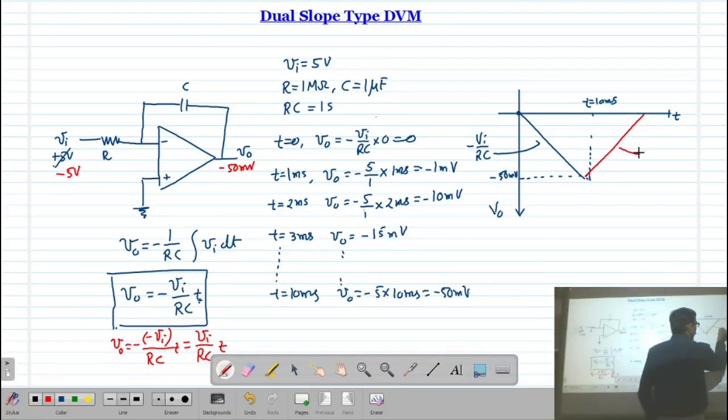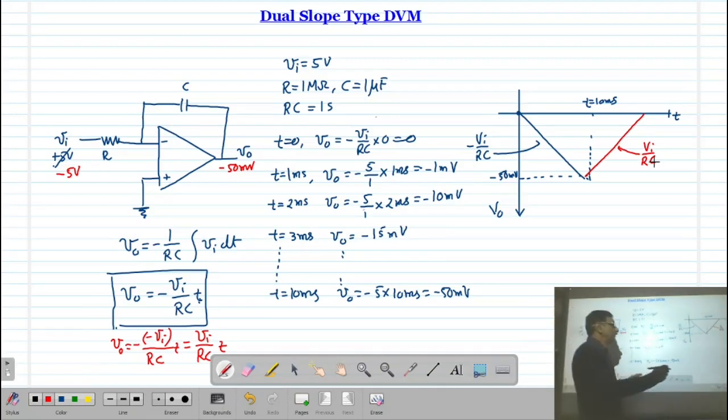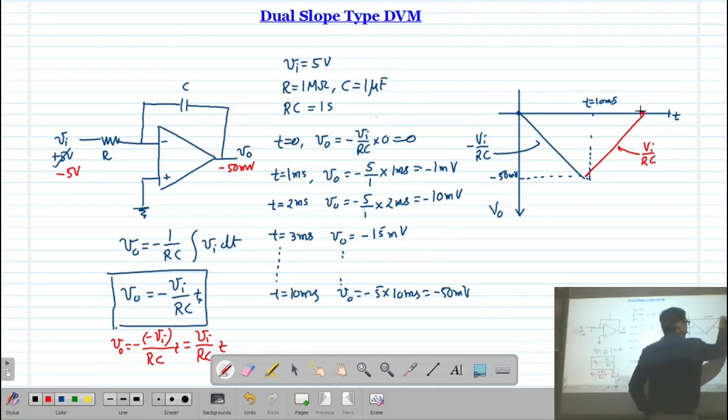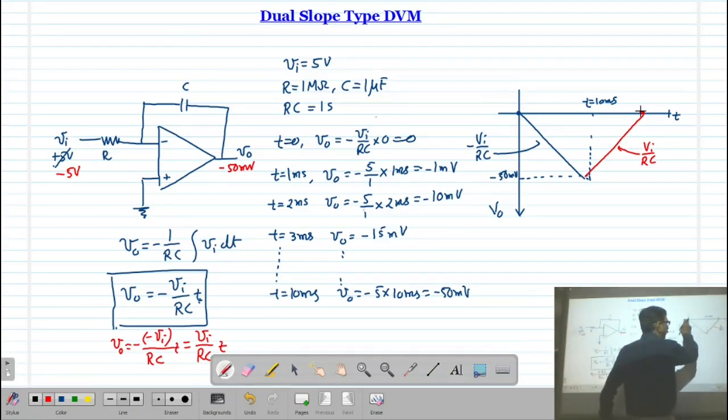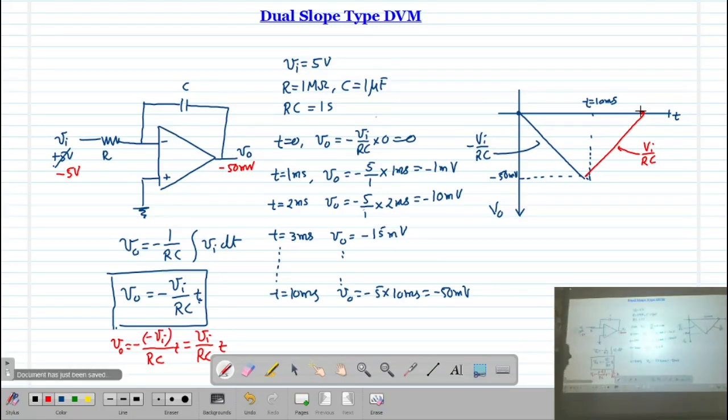Now here we have a positive slope, that is Vi by Rc. And after some time, this output voltage is going to be 0. Correct? So here we have a dual slope. One slope is for the input voltage and another slope is for a reference voltage. You can say minus 5 volts is nothing but my reference voltage.